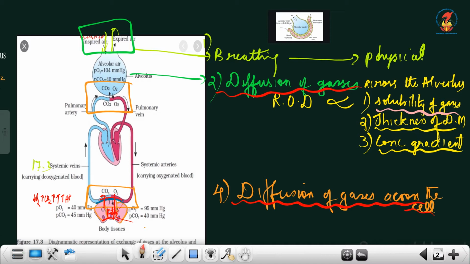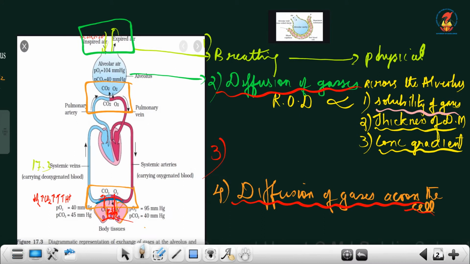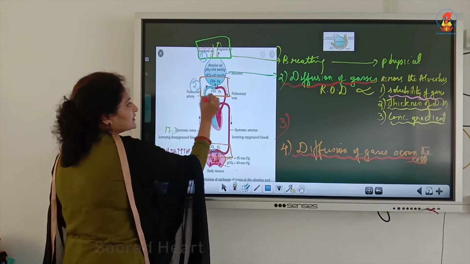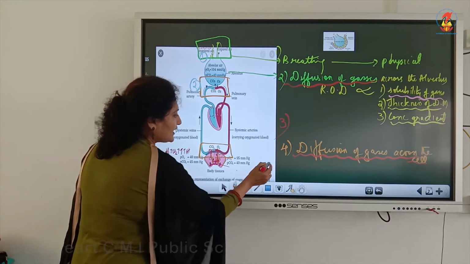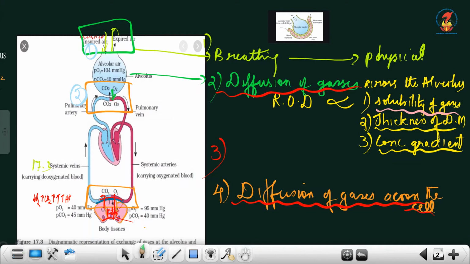Okay. Now the third point, very, very important, which can be asked as an essay question. The third point starts from here. We stopped here, no? So here was the first stage, this was the second stage, and the third stage. Now focus only on oxygen. The oxygen from the alveolus got into the blood.